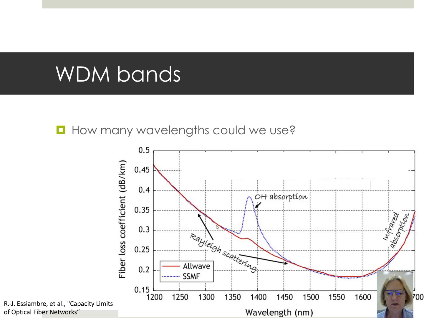And there's two kinds of fibers we'll see here. There's the typical single mode fiber, which has an absorption at 1400 nanometers band, which causes high loss at that wavelength. But new fibers, all wave fibers, have come a long way to make it actually a pretty smooth plot of fiber loss versus wavelength.